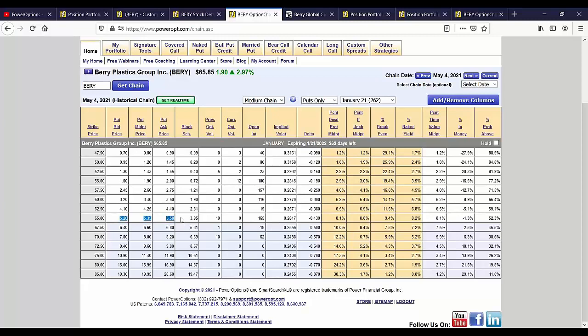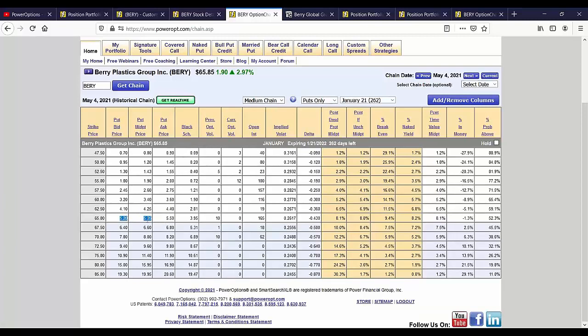May 4th, stock hits 65 and moves above it. My 65 put that was in the money for January expiration with a time value of $4.90, it's not a lot now because it did lose 85 cents of intrinsic, but the midpoint's $5.35.